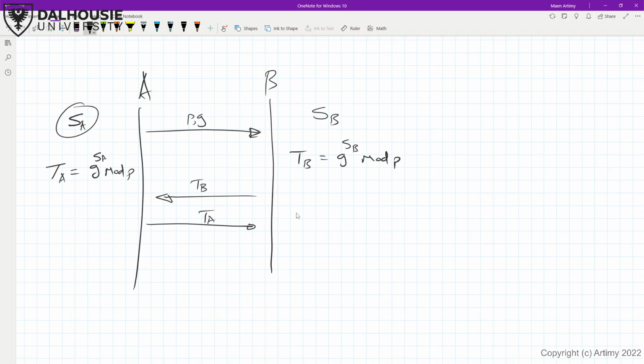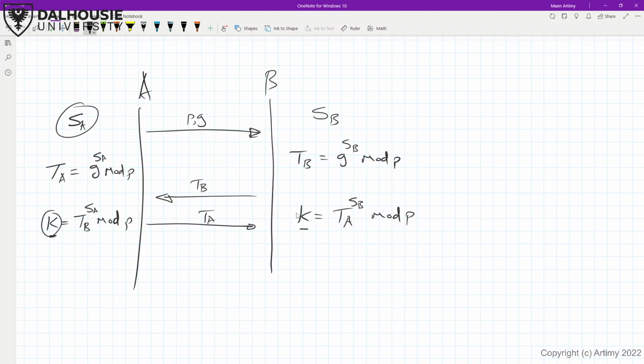Okay, so now Alice calculates K, which is the number that she got from Bob raised to her own secret key, mod P, and Bob takes TA that he got from Alice and raises it to his own number, mod P. And these two are going to be the same.